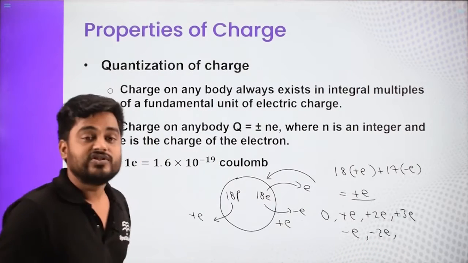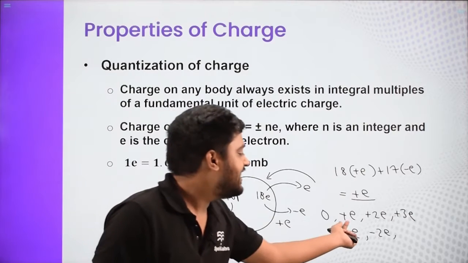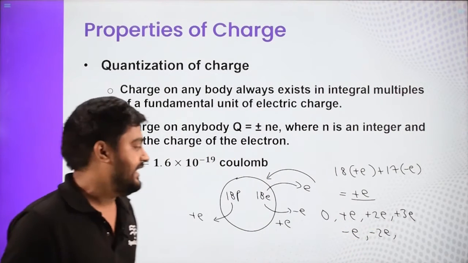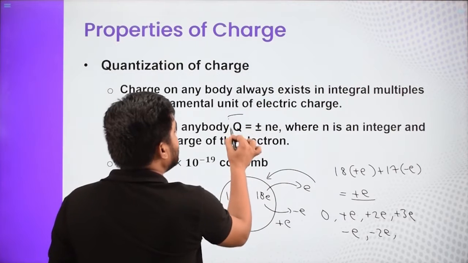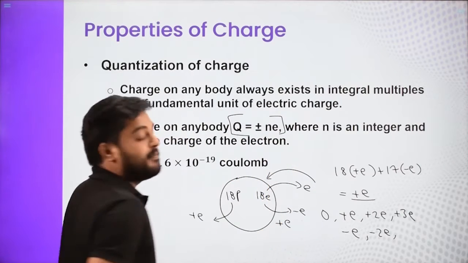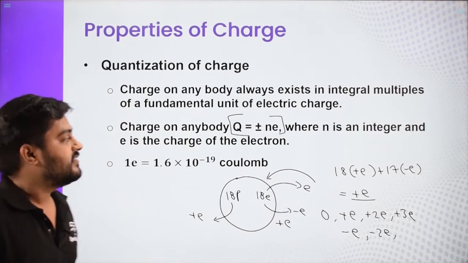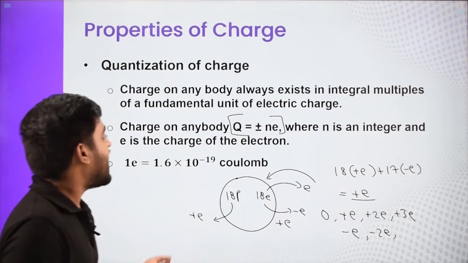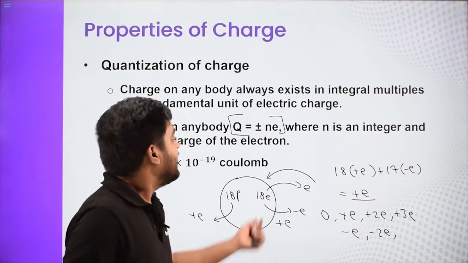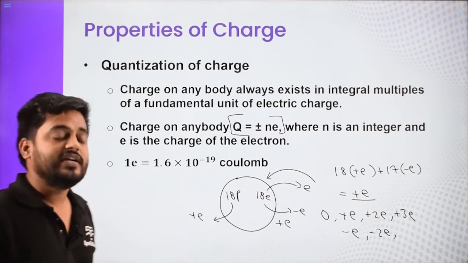So charge on the object is always an integer multiple of E, and that's why we write the charge on any object as plus minus NE. N is the integer, or you can write that charge is an integral multiple of elementary charge, or the charge on each electron.